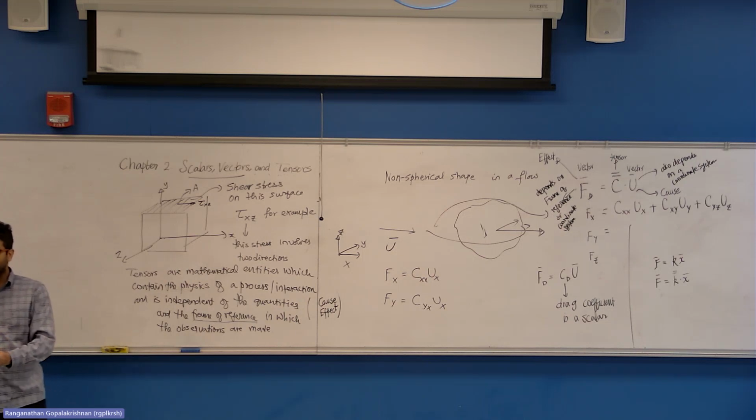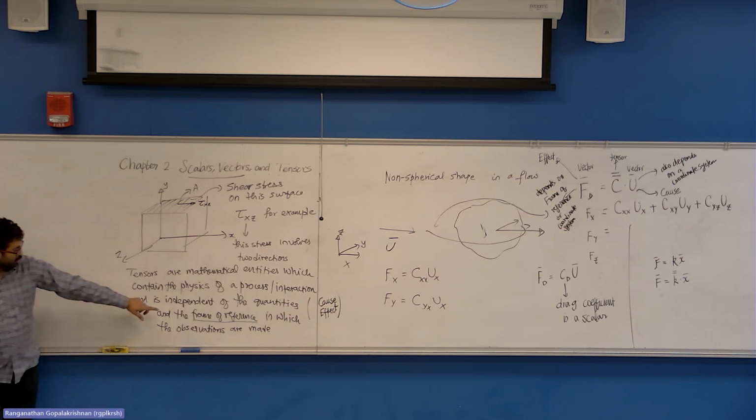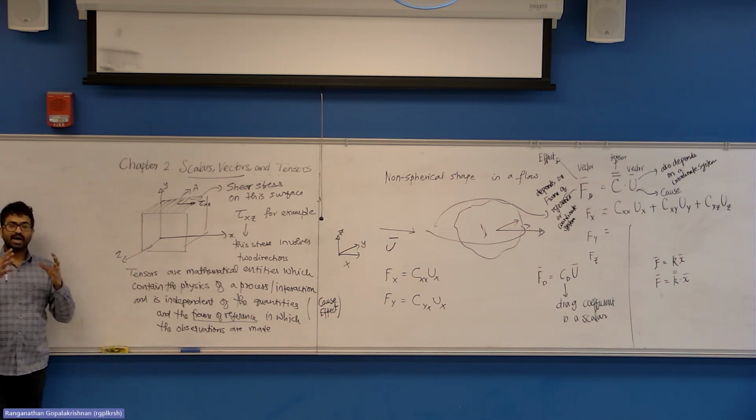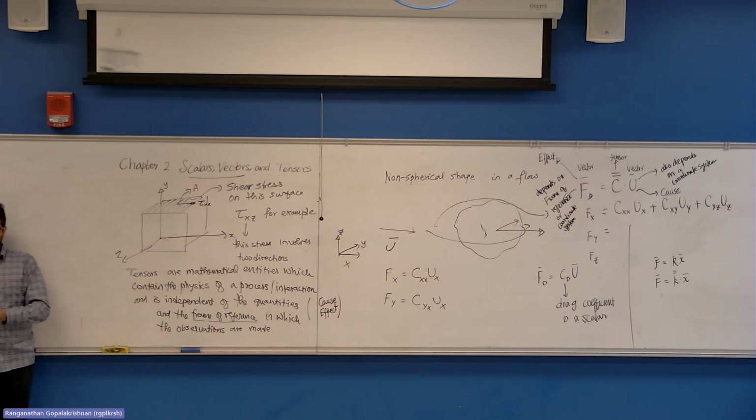It shouldn't depend. So that's why we want to use tensors which kind of encompass all those details in a way that it's universal and doesn't depend on whether you have a cylindrical coordinate system or a Cartesian coordinate system, or whether you are moving, you are not moving. Those kind of details should be irrelevant. The deformation should be the same regardless of who is describing. That is why we use tensors.